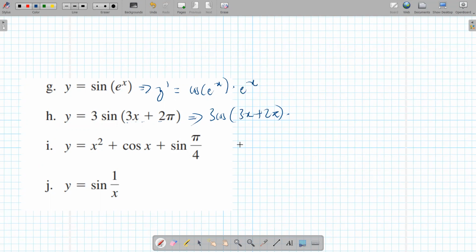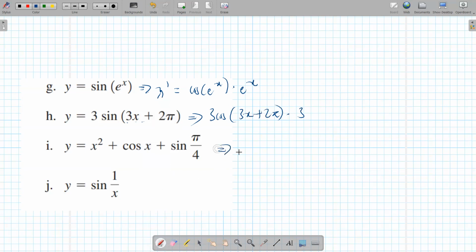What's the derivative of the bracket, basically? Three. Okay, not 3 plus 2? What happened to the 2 pi? It's a constant. The derivative of a constant is 0, so you ditch it.